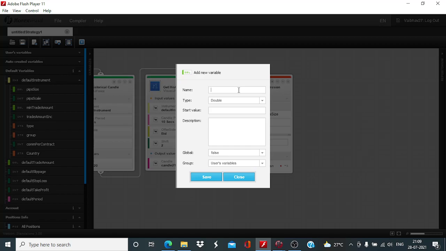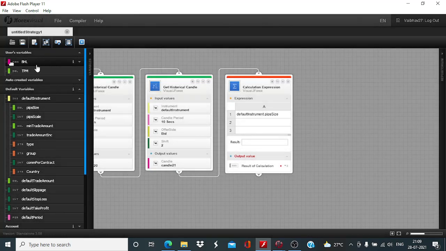So I will name it EPM, start value 20, and we multiply A1 into A2.